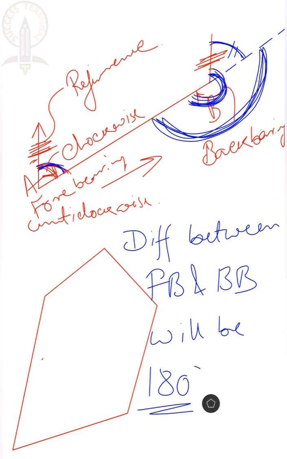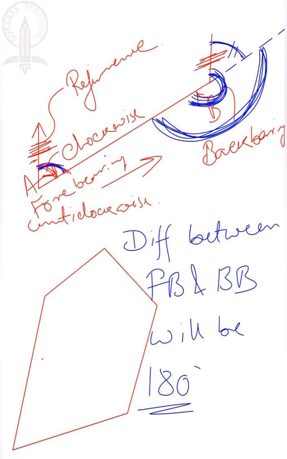Clear? Always it is true for each and every point on earth. What will be the difference between forward bearing and back bearing? That will be 180. It's fixed, as we are talking about whole circle bearing.